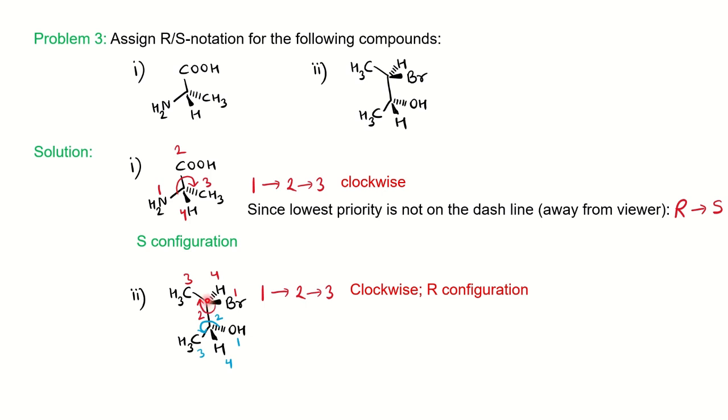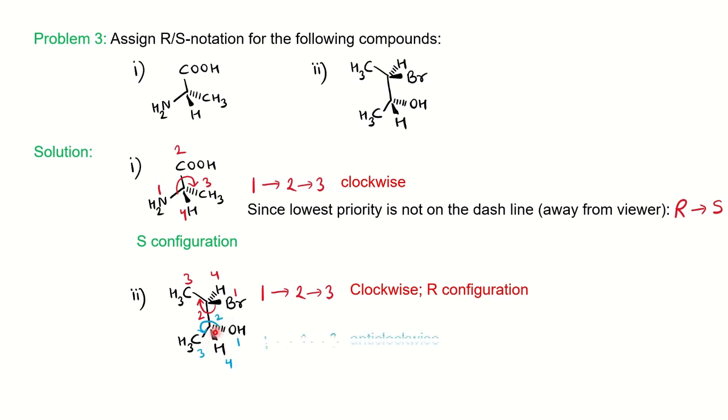So this particular bromine-bearing carbon is R configuration. Now we will look at the other stereogenic center. Oxygen OH will be given priority 1. The whole group will be given priority 2. CH3 is 3 and hydrogen is 4. Here again hydrogen is not on the dash line, so we have to interconvert. Now we see 1, 2, 3.